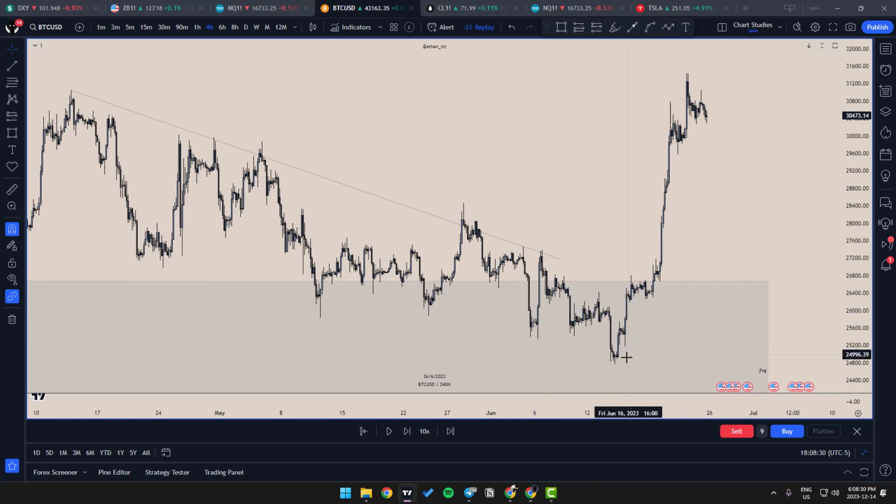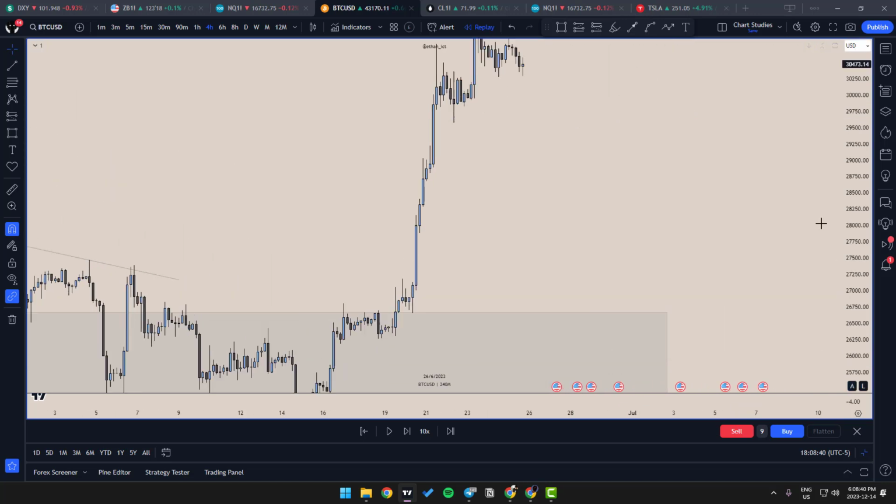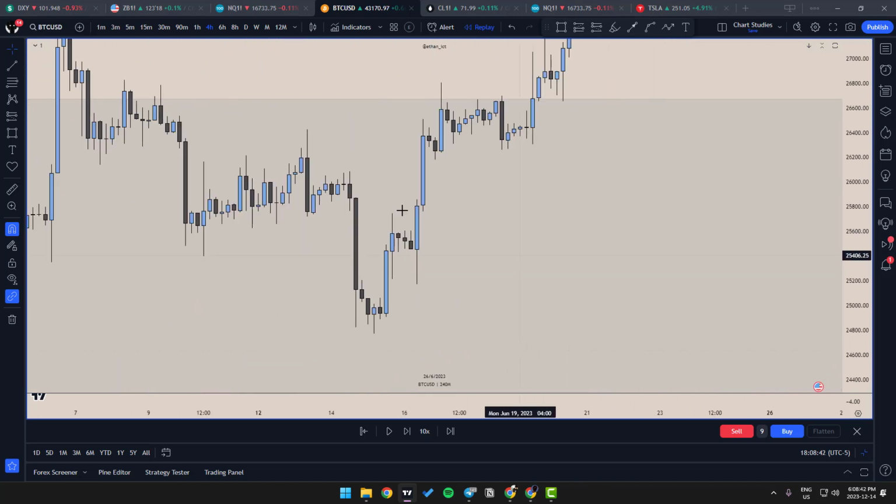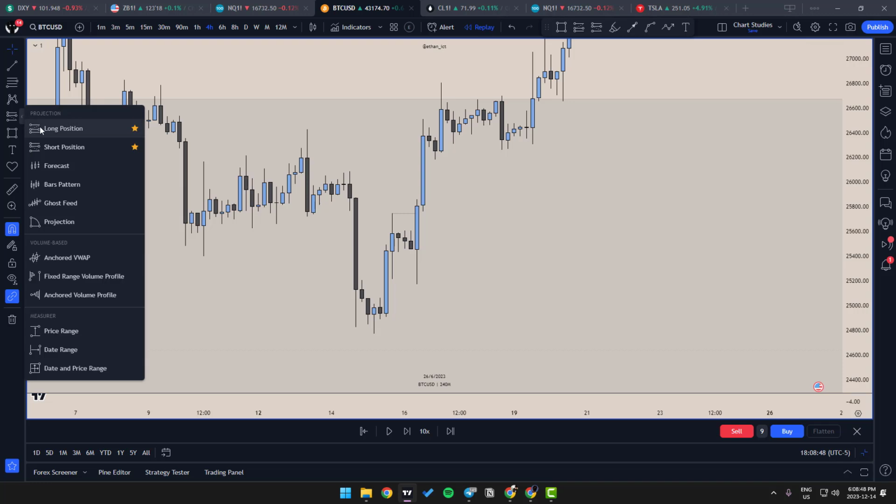We're looking at 4-hour structure now. Where do we get our market structure shift? Right here. And this is where I longed from, actually.